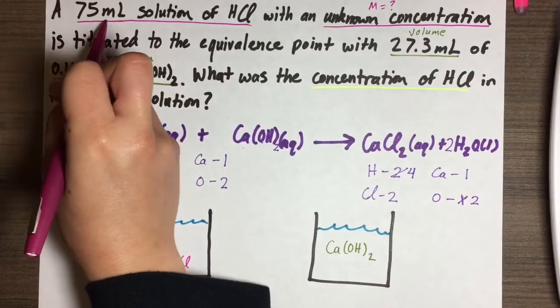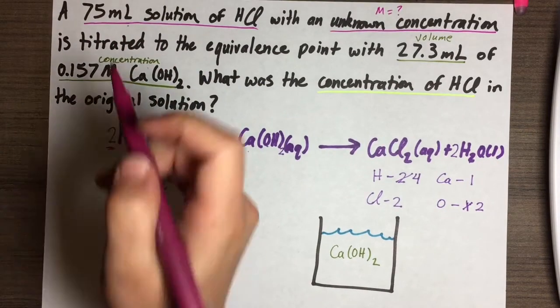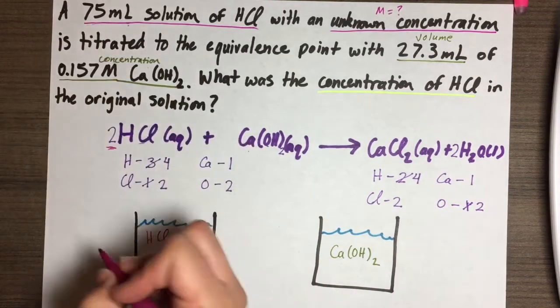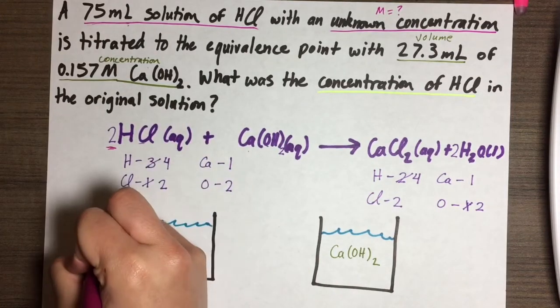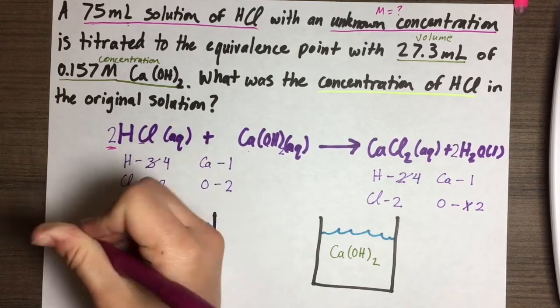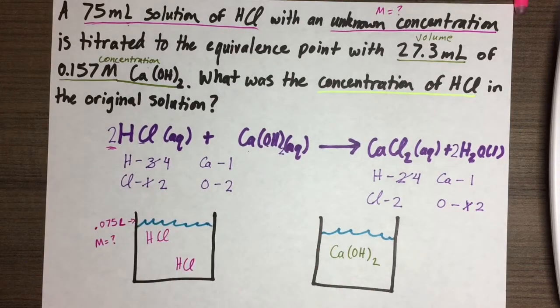I'm going to convert this to liters. What you do is you divide this number by 1,000 because there are 1,000 milliliters for every 1 liter. So this divided by 1,000 will give us 0.075 liters. And we do not know the molarity, or the concentration in this case.